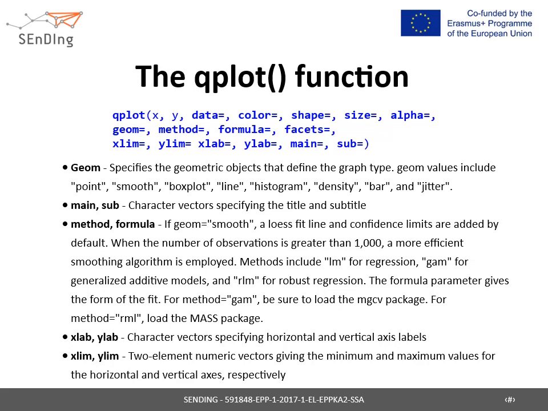Methods include lm for regression, gam for generalized additive models, and rlm for robust regression. The formula parameter gives the form of the fit. Note that the formula uses the letters x and y, not the names of the variables. For method equals gam, be sure to load the mgcv package. For method equals rlm, load the MASS package.